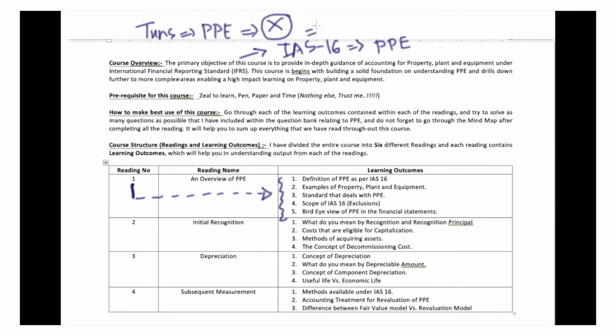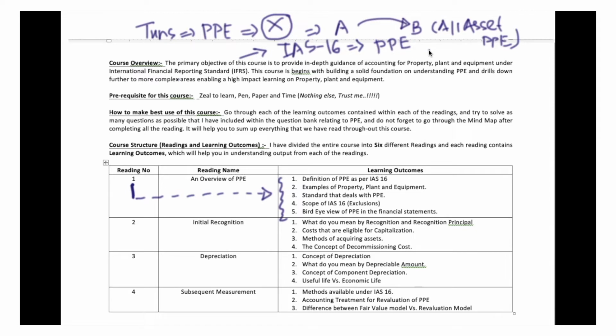For example, A Limited acquired B Limited, which means A Limited got all assets, including PP&E, as a part of the acquisition. Now, how to account for these transactions? You acquired a PP&E. Do we need to account for it under IAS 16, or is there any specific standard that deals with this transaction? We will discuss in detail. Everything will be covered under this course.